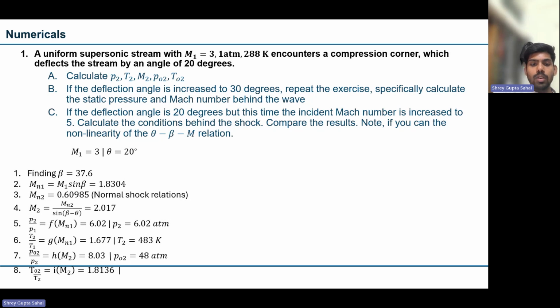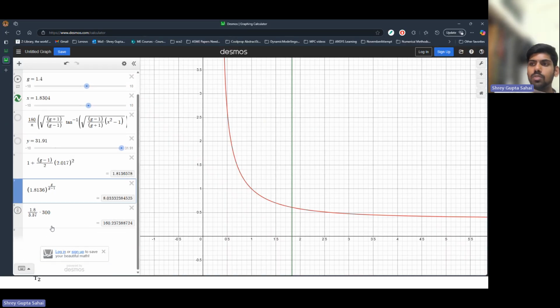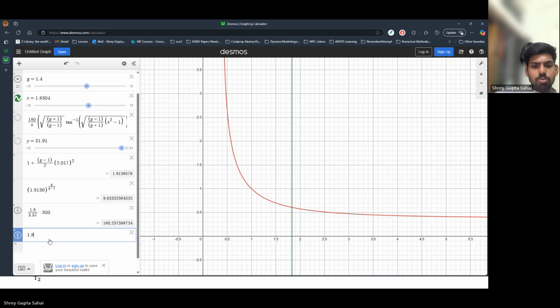And this total temperature is 1.8 times 483, which is what? Let's just use that web page so that you can also see the calculation. 1.8136 into 483 is 875 kelvins. 876 actually. 876 kelvin. Okay.